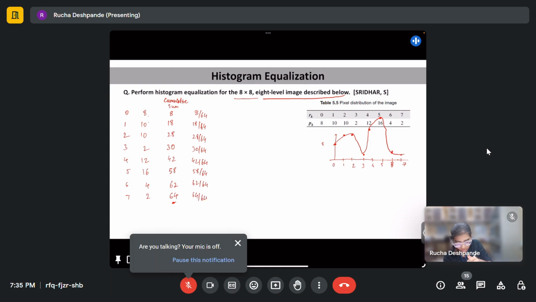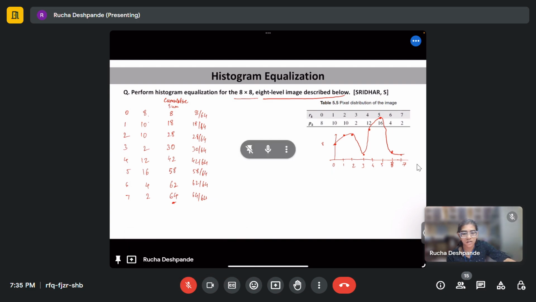These are the normalized cumulative values, and then we multiply them by the highest possible DN value, which is 7. So this turns out to be approximately 0.875, 1.968.